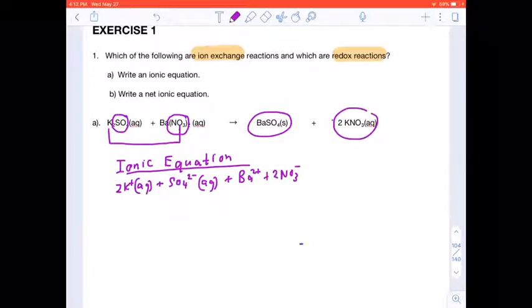Be careful, right? Because two nitrates, each nitrate has a negative charge, so 2 of them gives negative 2, and the positive 2 of barium makes it neutral. Okay, so be careful about that.